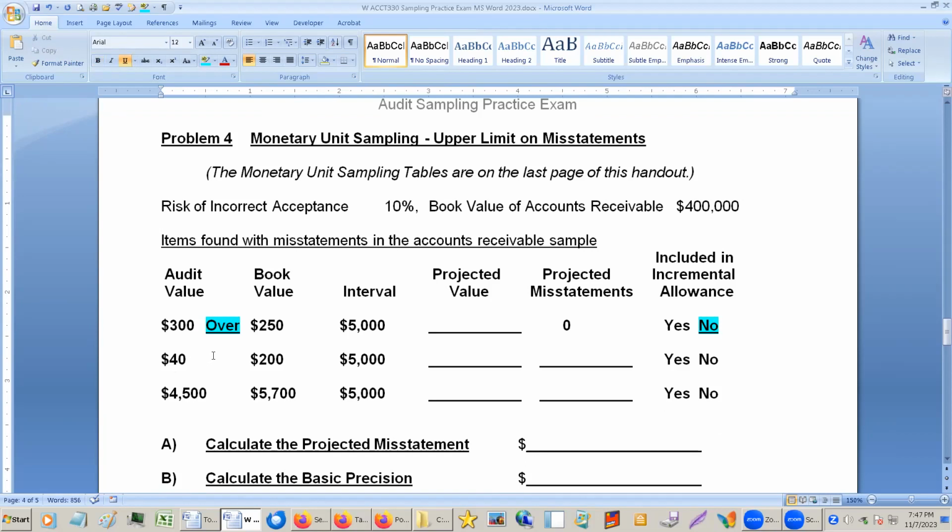Okay, this one, we can go ahead and do our regular thing. We take the audit value divided by, kind of like a ratio analysis. So 40 divided by 200 times 5,000. Okay, so the projected value is 1,000.